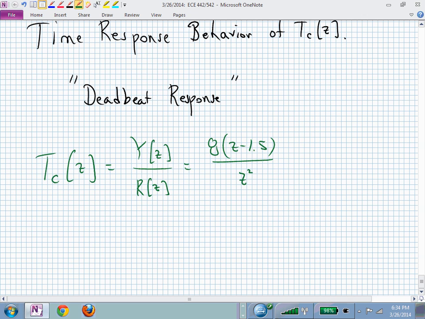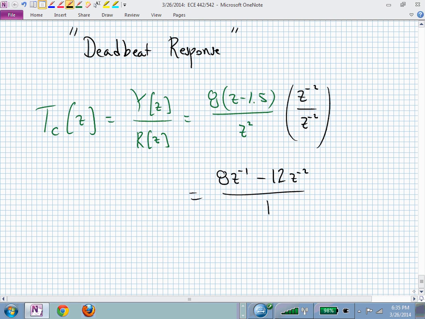So this now becomes 8 Z to the minus 1 minus 12 Z to the minus 2 over 1. And that again is relating Y to R.